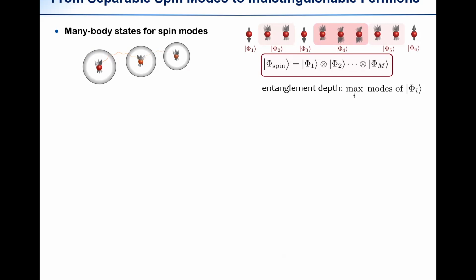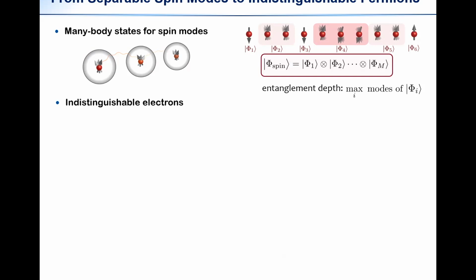We can label mode 1, mode 2, and the many-body spin wave function is written as a direct product of these different chunks of the spin system. The size of the largest irreducible partition is called the entanglement depth of the entire system. That's the definition from the quantum Fisher information.